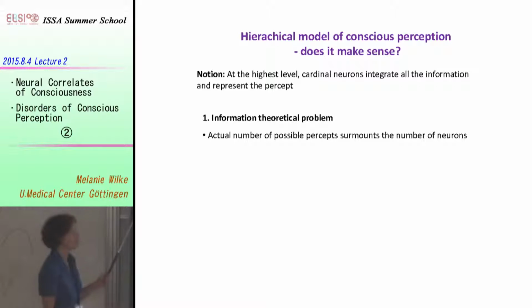However, there are some more conceptual troubles with this hierarchical model, because first of all, the actual number of possible percepts surmounts the number of neurons. So that's just a theoretical problem. I didn't model it myself. Yeah, I have to believe that.